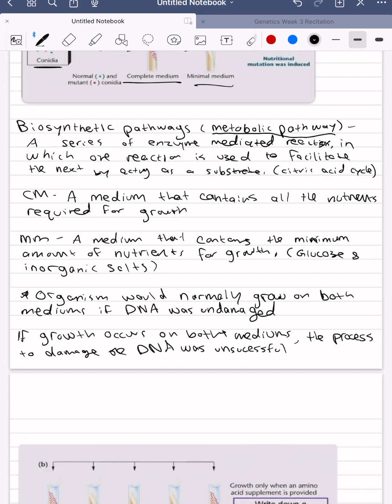Perhaps it damaged another portion of DNA, but it's not showing any damage in the biochemical pathways that we're looking for. So it's not important.